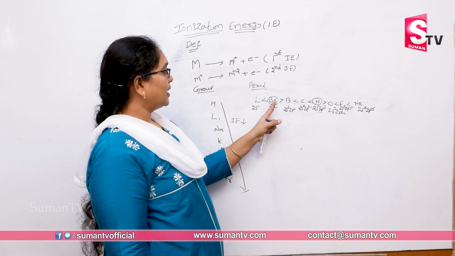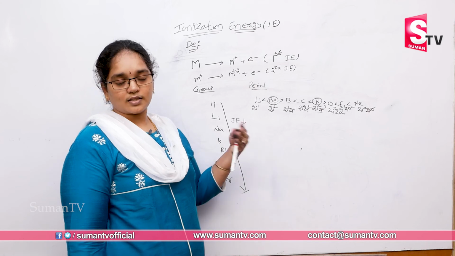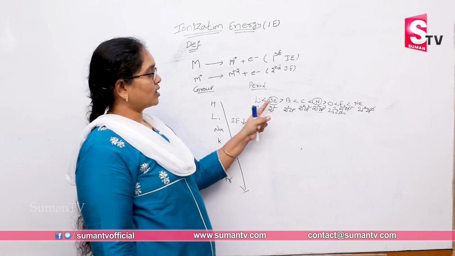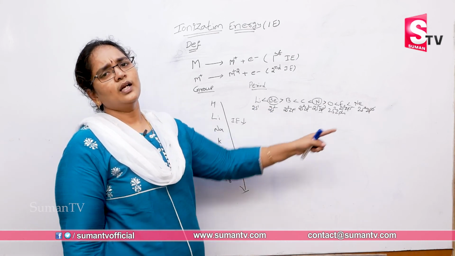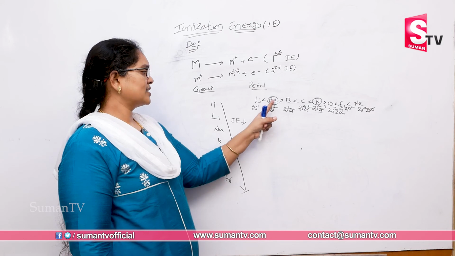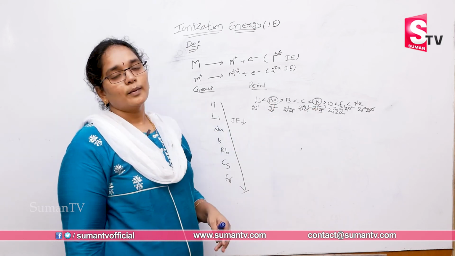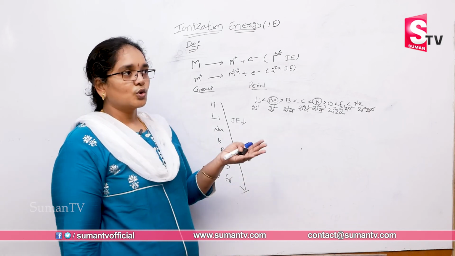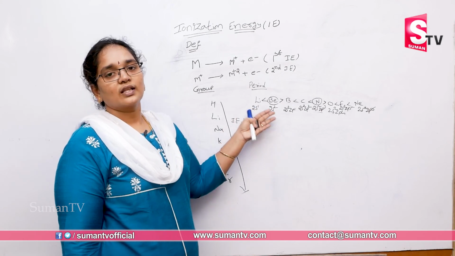Here, beryllium and nitrogen have exceptional ionization energies. In some books it is also given that they do not follow regular trends because of beryllium and nitrogen. Beryllium has a completely filled s orbital and nitrogen has half-filled p orbitals. Due to this, they have extra stability. To remove electrons from extra stable atoms, we require much more energy.